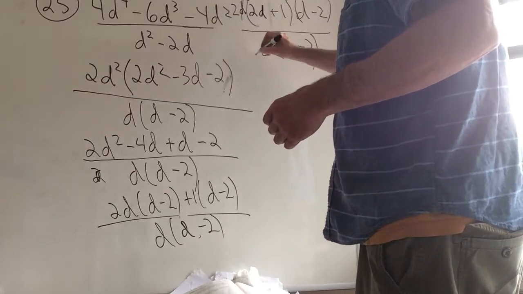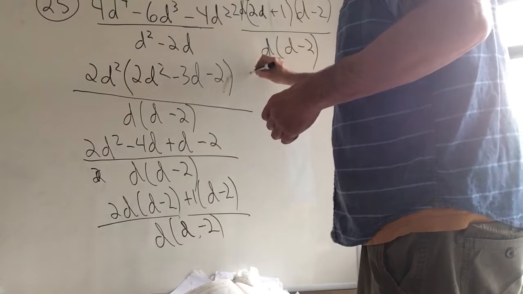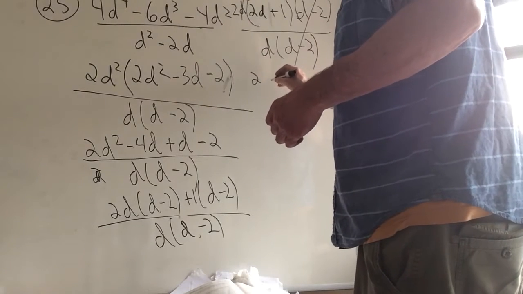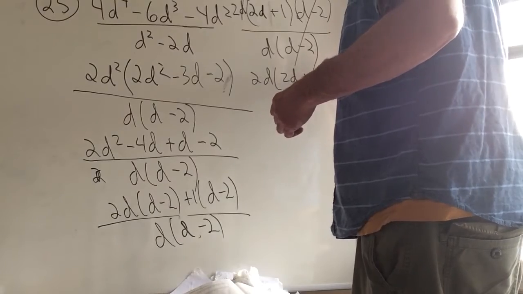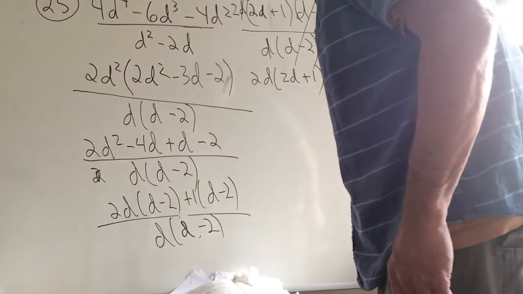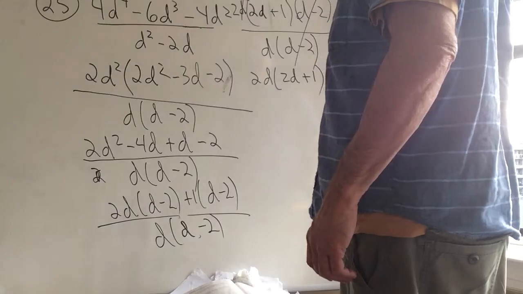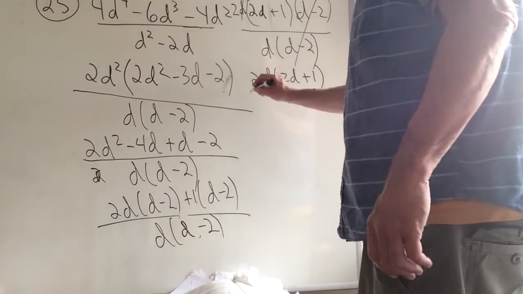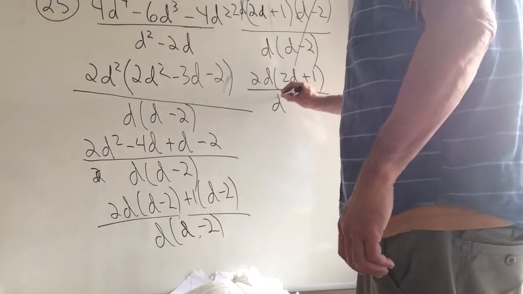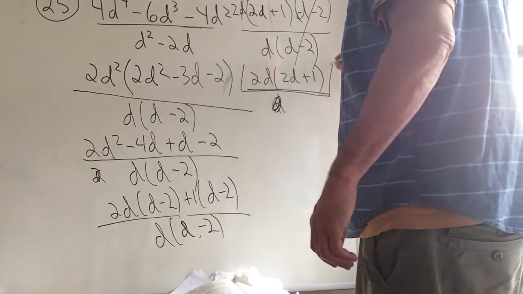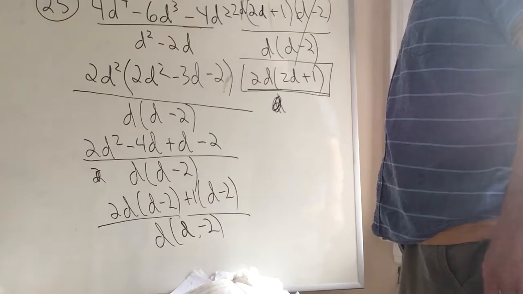So the d cancels, and you end up with 2d, the d minus 2, you end up with 2d times 2d plus 1, and then that's divided by d, and d minus 2 cancel, so there'd be no restrictions, and this would be the proper answer over there.